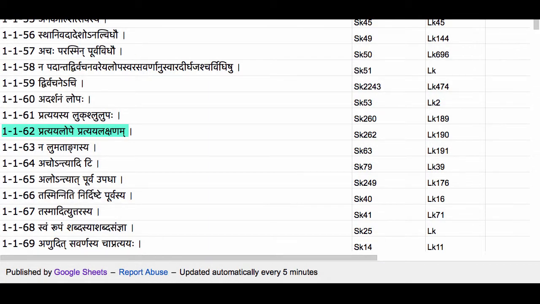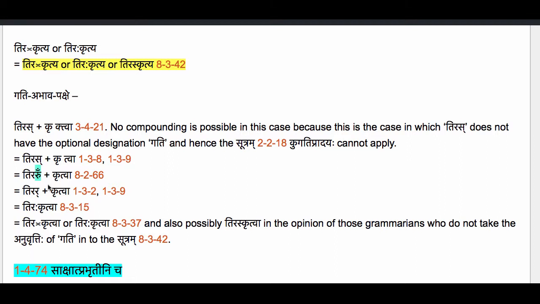The nasal vowel u of ru gets the it designation by 1.3.2 upadeshe janunasika it, and takes lopaha by 1.3.9 tasya lopaha. And now 8.3.15 karavasanayor visarjaniyaha replaces that letter ra by the visargaha because it is followed by a khar letter, which in this case is the letter ka.